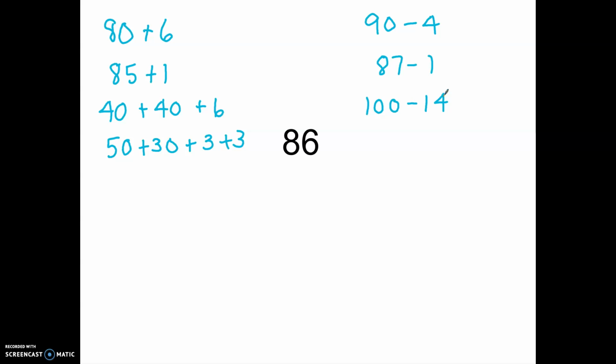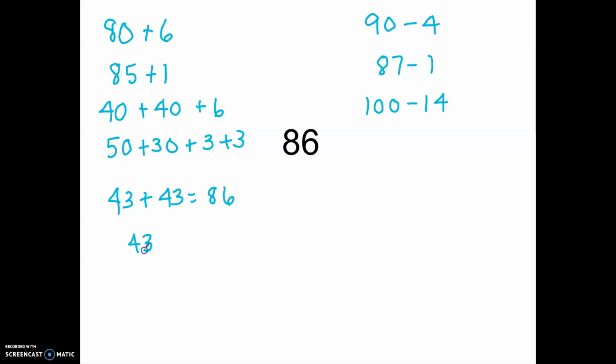And maybe I could think of some multiplication. If I think of 86, I think, well, 43, wait, 43 plus 43 equals 86.